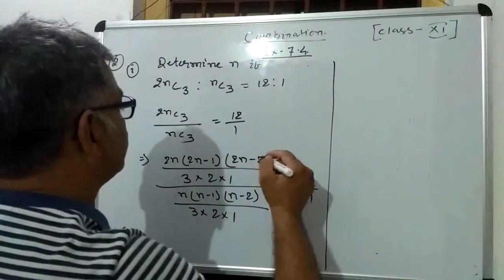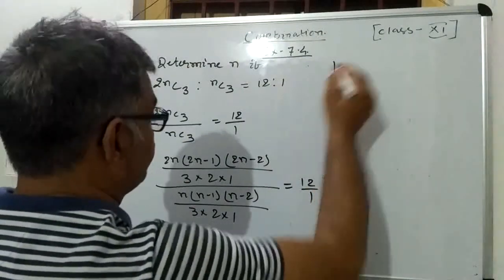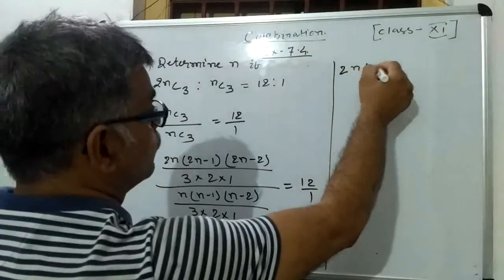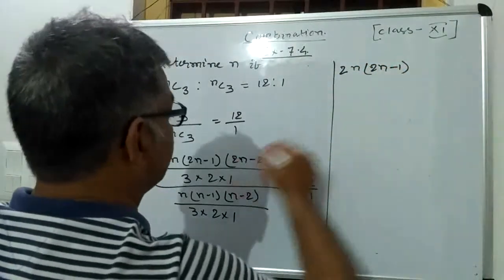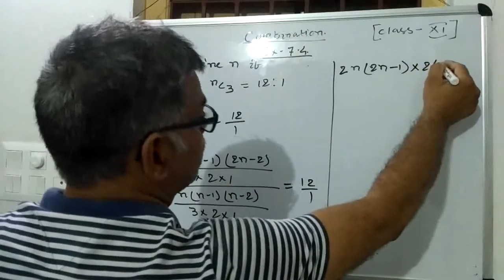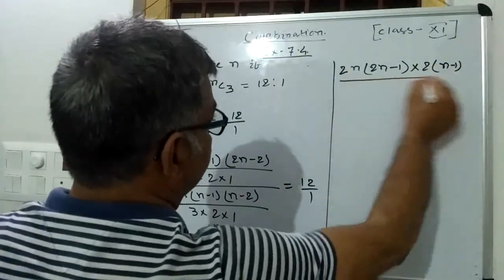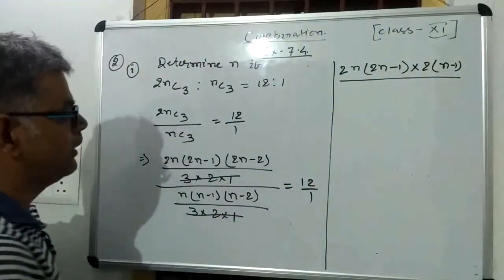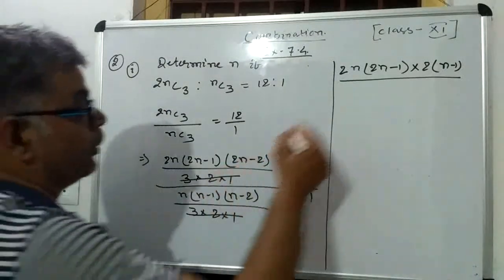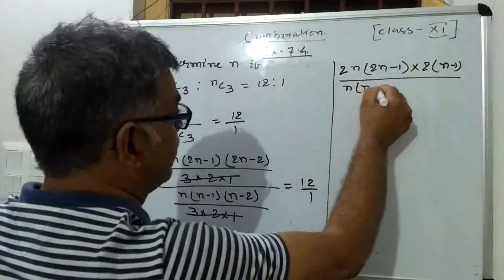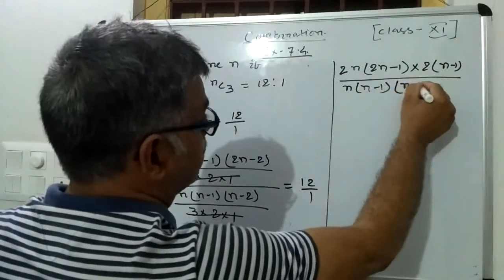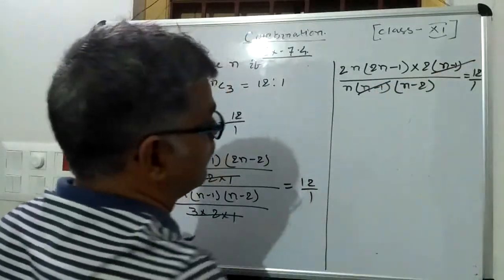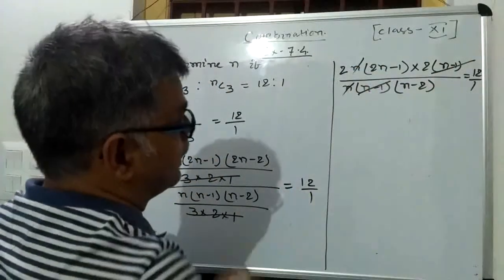So this can also be written by taking common 2n into 2n minus 1, and taking 2 common from it, it will be n minus 1. This 3 into 2 into 1 will get cancelled. So we have n into n minus 1 into n minus 2 equals 12 by 1. The n minus 1 gets cancelled, n and n will get cancelled.